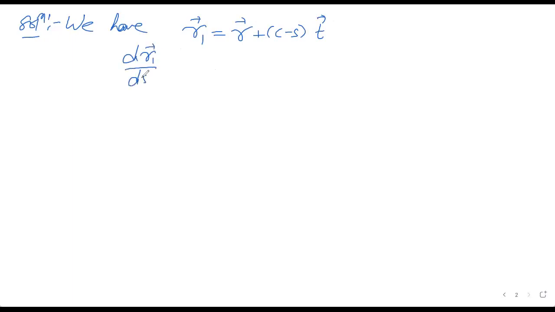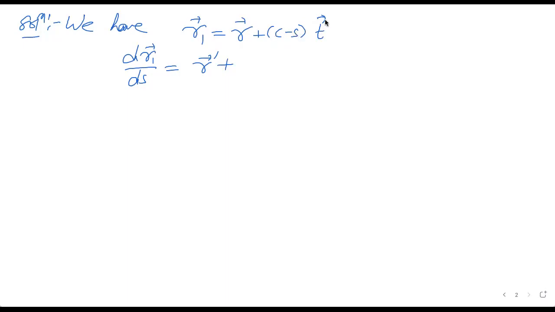Curvature needs this derivative. So this dr1 over ds will be what? R dash. I am assuming that all the curves have the same parameter as here. So dr1 over ds, it is also a function of s basically, r dash plus (C minus s) T. Here T is a function of s, so you have to do it by parts.